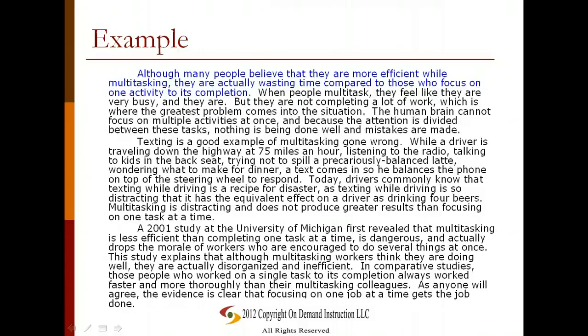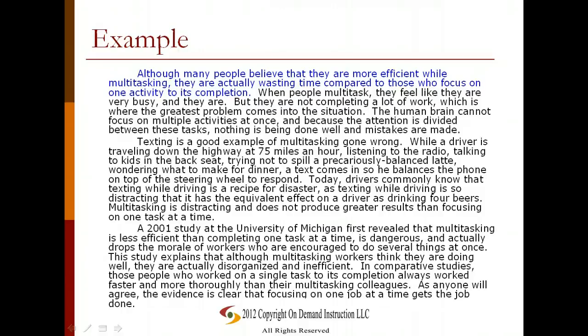Multitasking is distracting and does not produce greater results than focusing on one task at a time. A 2001 study at the University of Michigan first revealed that multitasking is less efficient than completing one task at a time, is dangerous, and actually drops the morale of workers who are encouraged to do several things at once. This study explains that although multitasking workers think that they are doing well, they are actually disorganized and inefficient.